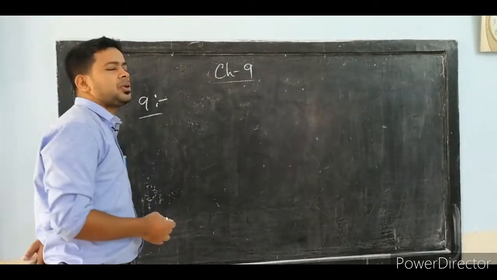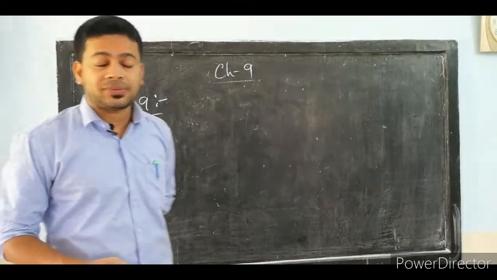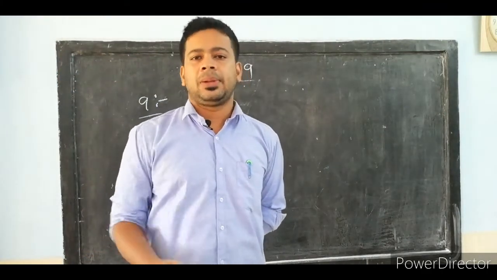So what was the divisibility rule of 3? If the sum of the digits of a number is divisible by 3.